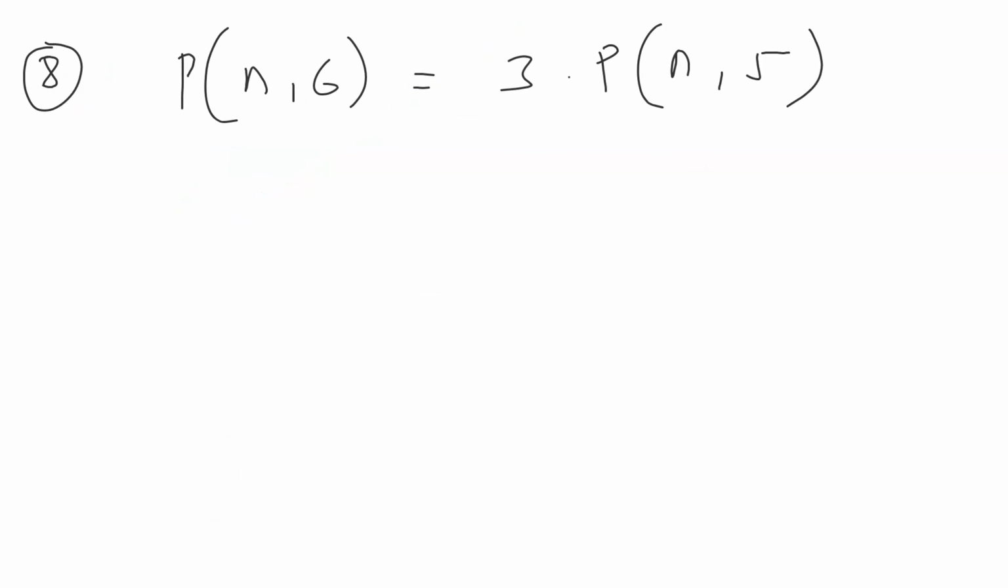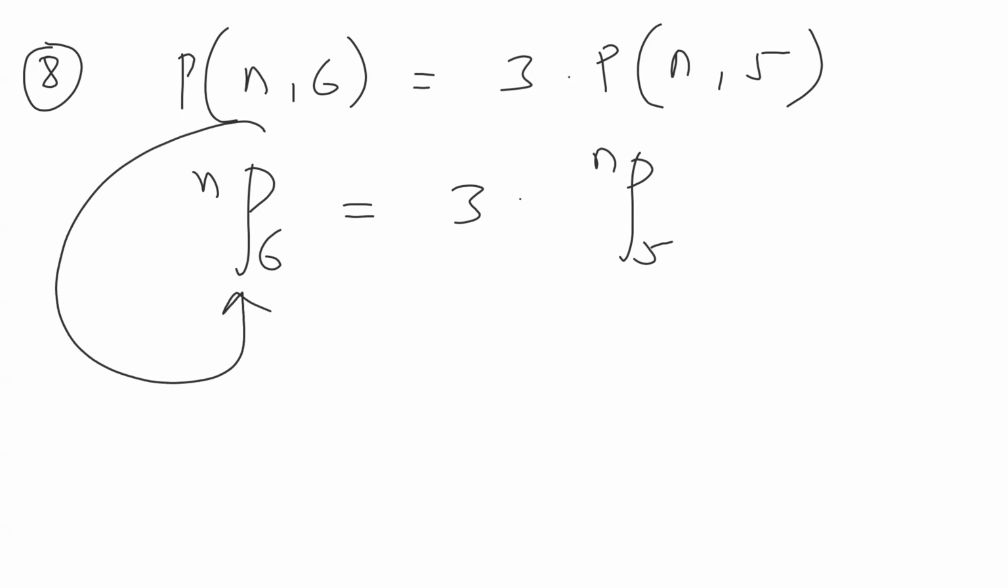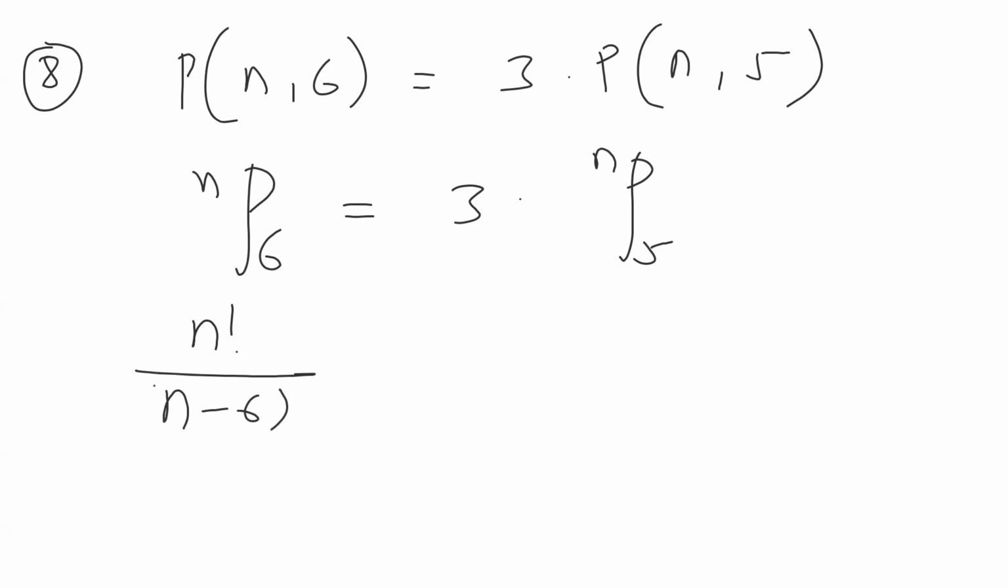So meaning of this is nP6 and meaning of this is nP5. Okay, fine. nP6, n factorial upon n minus 6 factorial, equal to 3 into n factorial upon n minus 5 factorial. Right?